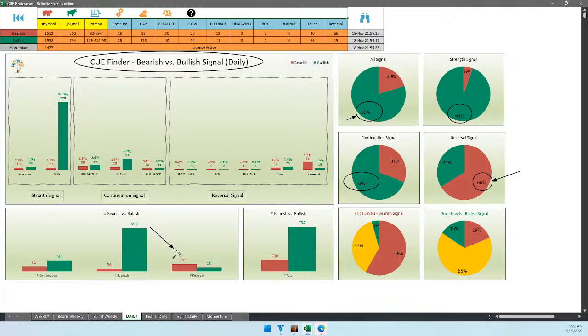However, the reversals in absolute number are much lower than the strength signals. So here strength and reversal taken together is going to be marked as bullish. So we have overall bullish picture on Friday that allows us to buy.